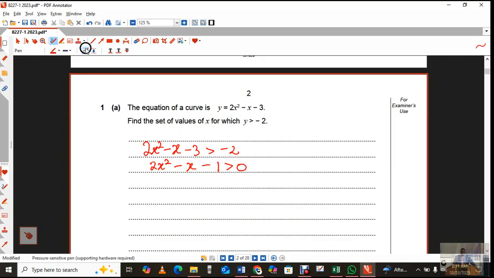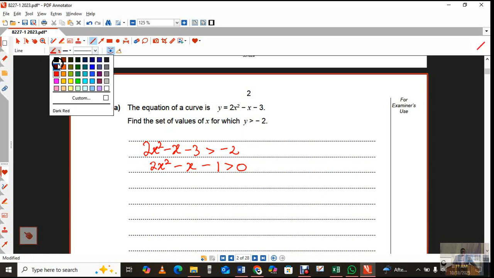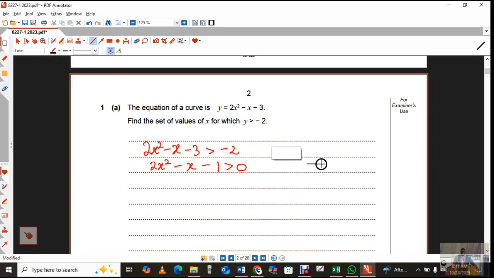What this implies is that the whole of this function is greater than 0. That means the function is going to open up like so, because the value of a is greater than 0.